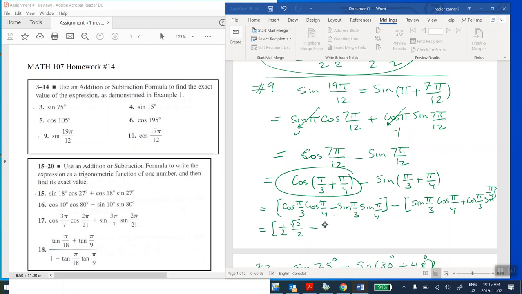Sine of pi over 3 is root 3 over 2. Sine of pi over 4 is root 2 over 2. Minus sine of pi over 3 is root 3 over 2, again times root 2 over 2. Minus this one is 1/2, cosine of pi over 3, and this is root 2 over 2.